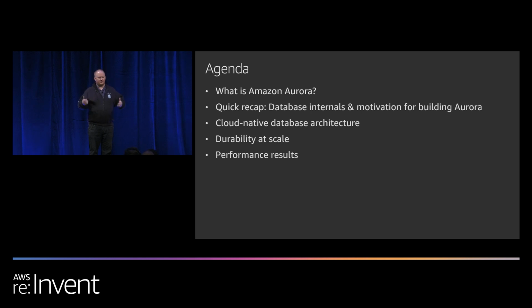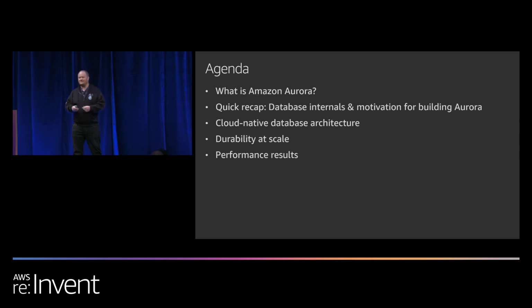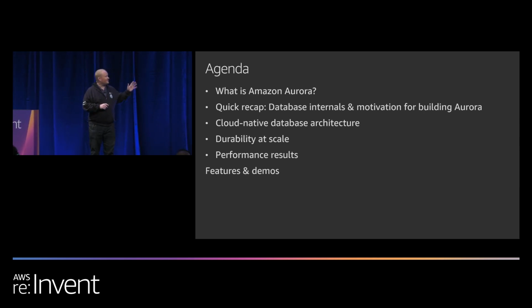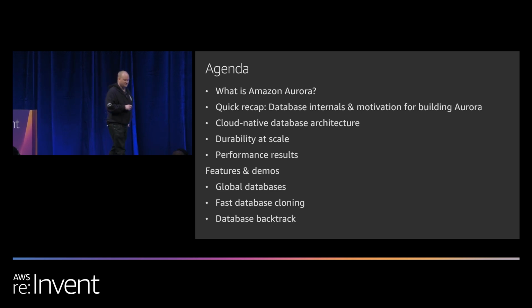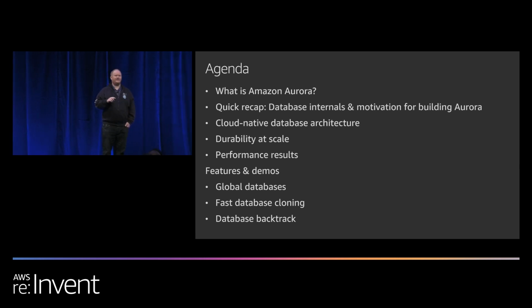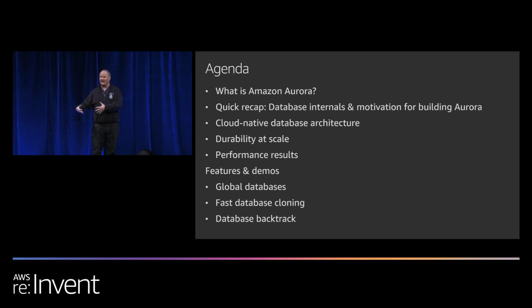Durability meaning how do we make sure not to lose your bytes. This is generally an important thing when you build a database. You give us bytes and we try to give them back to you in a speedy fashion. Performance results, and then we'll have some examples. One is on global databases, one is on database cloning, and one is on backtrack. And given the format of the session, we'll try to answer questions at the end.